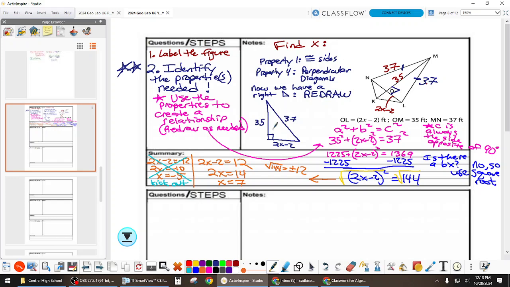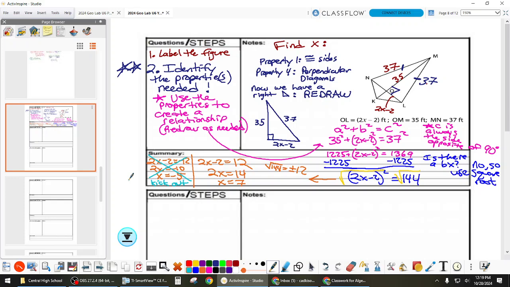Creating that triangle was a kite property. After that, this became Pythagorean theorem and algebra, and the kite property just helped us set that up. That's how most of these problems will go. You'll use a trapezoid property or a parallelogram property to set up something, and then you'll solve with other tools, just like we've seen all year.